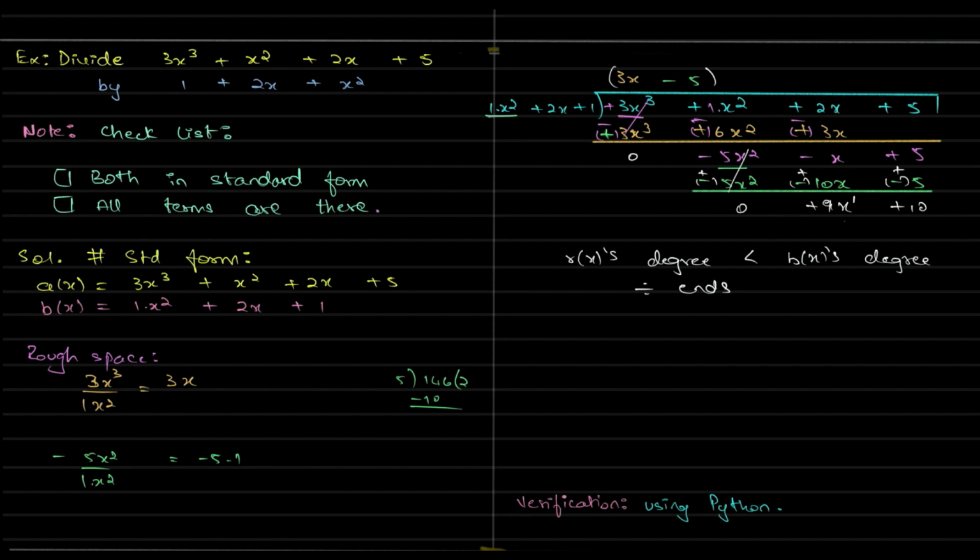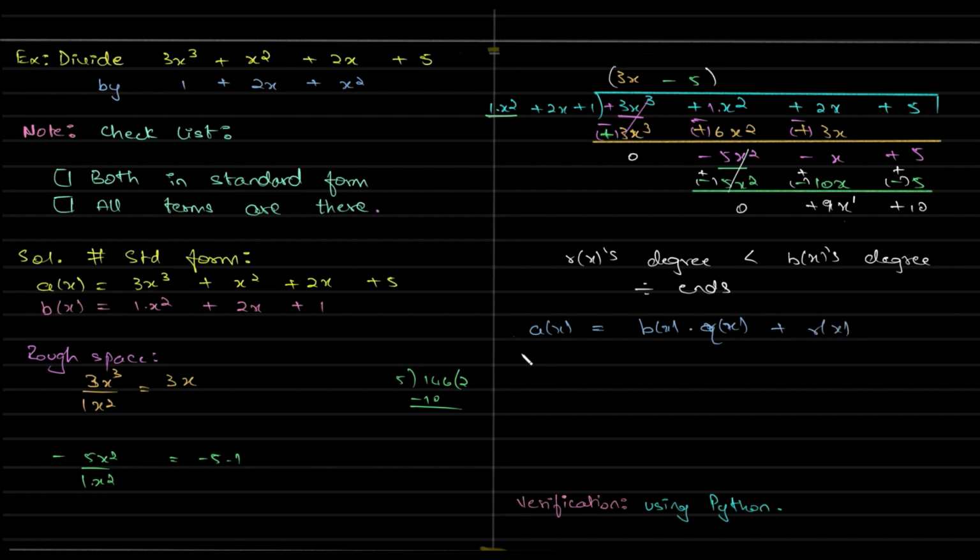So you can write it in a standard form in this way. Before that let me write the actual statement. a of x is equal to b of x into q of x plus r of x.